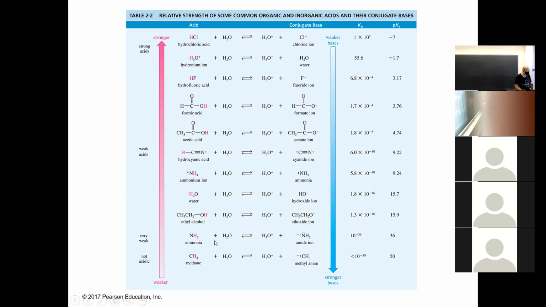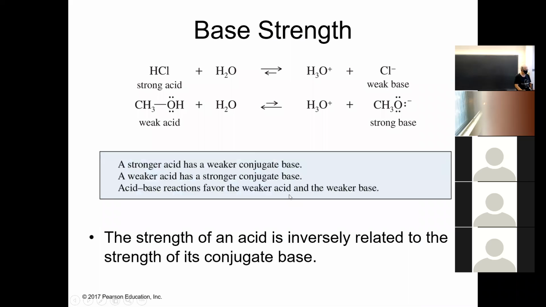The stronger the acid, the weaker its conjugate base, and vice versa. Acid-base reactions will favor the weaker acid and the weaker base. The weaker acid and weaker base will always be on the same side of the equation.